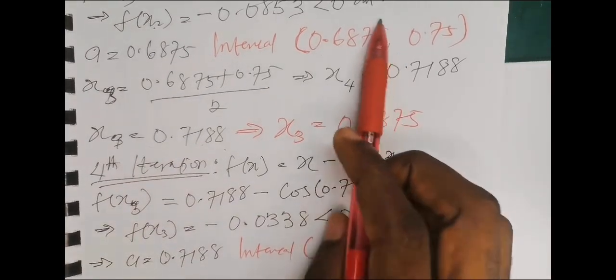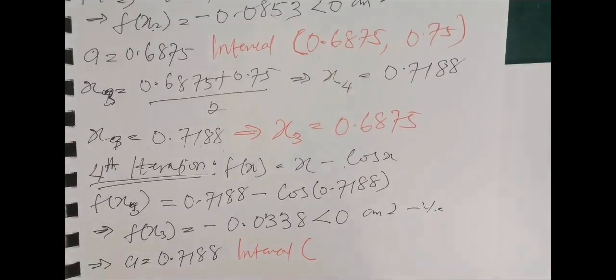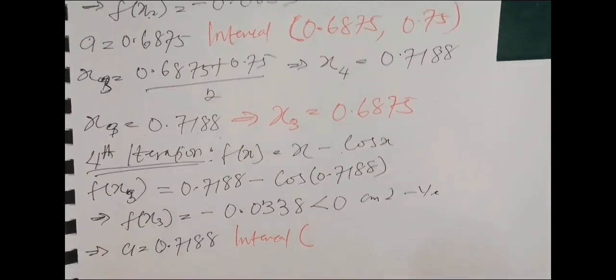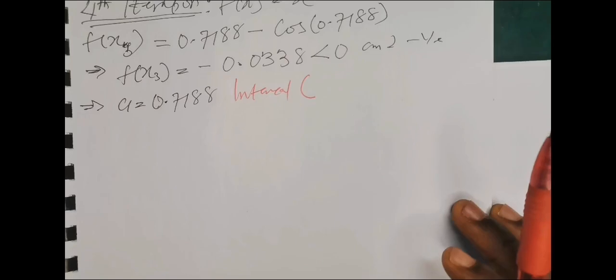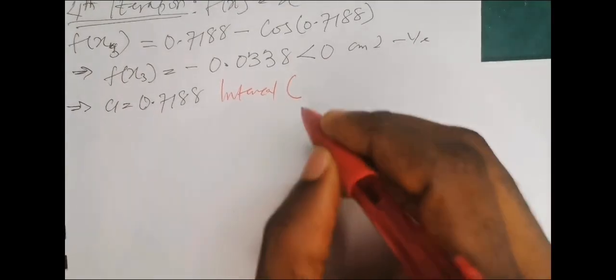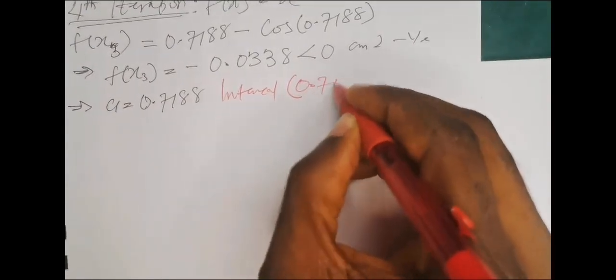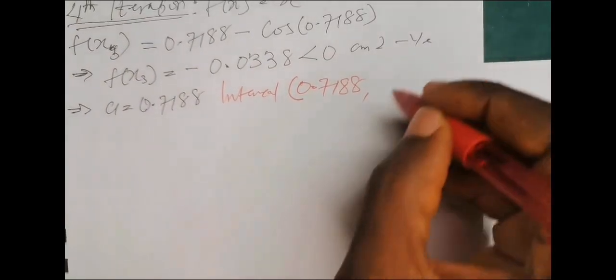Now we are going to be changing this for a, but b remains. We have a new value for a, so we plug that in. So our new interval becomes 0.7188 for a, and of course b still remains 0.75.